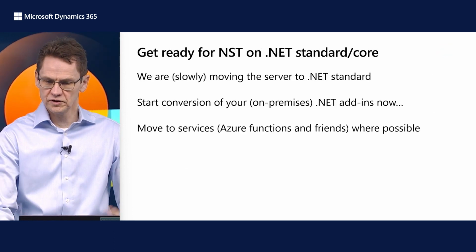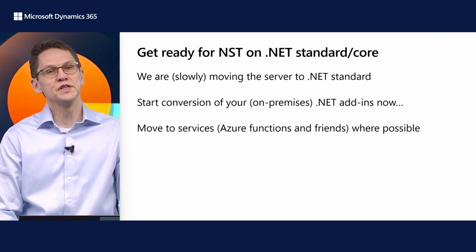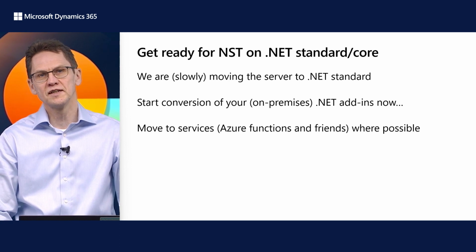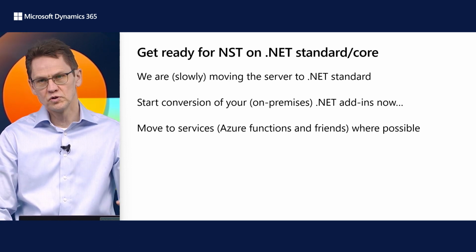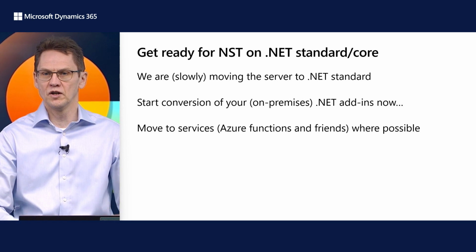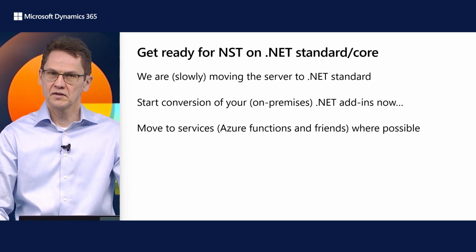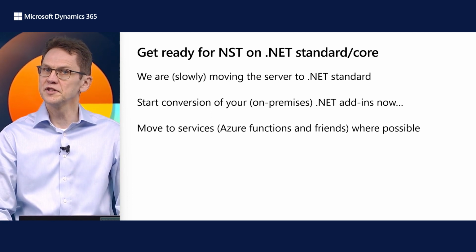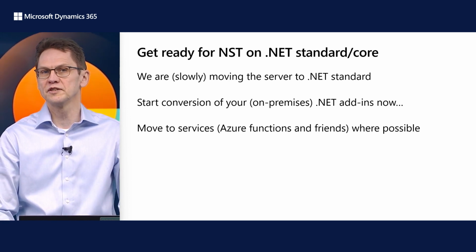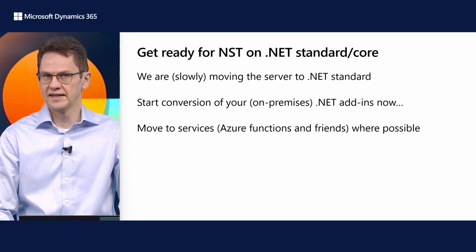I also want to reiterate that we are moving to .NET Standard because we want to follow along with the evolution in .NET. And for on-premise partners, this means that you also need to transition your .NET add-ins.